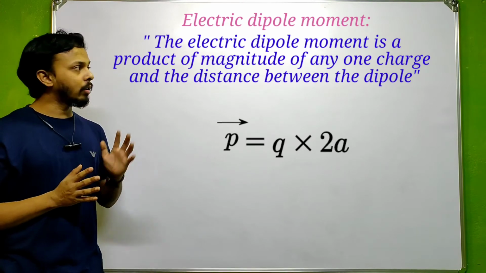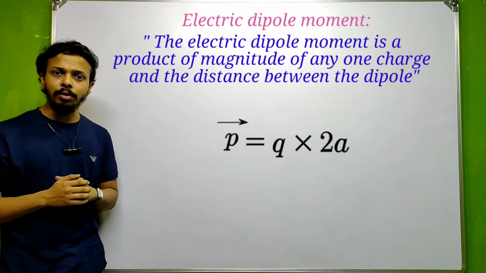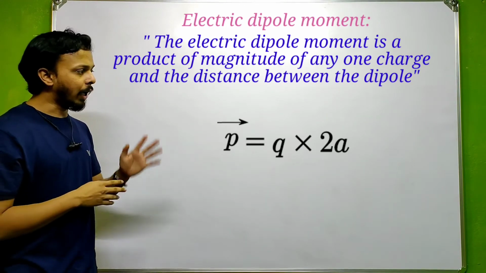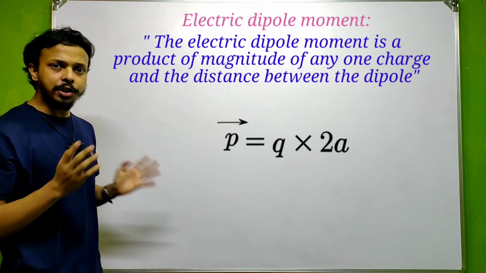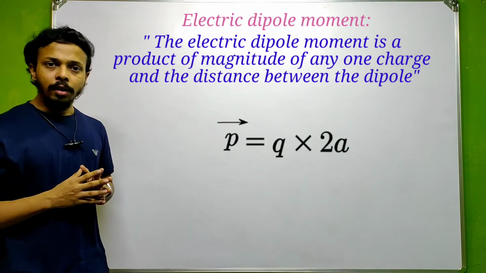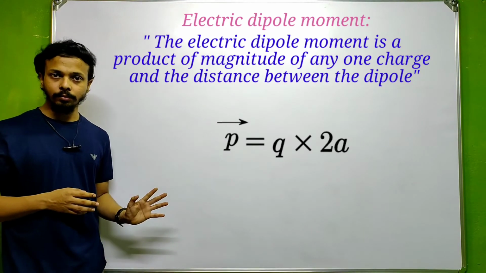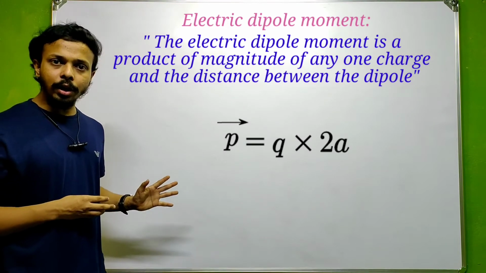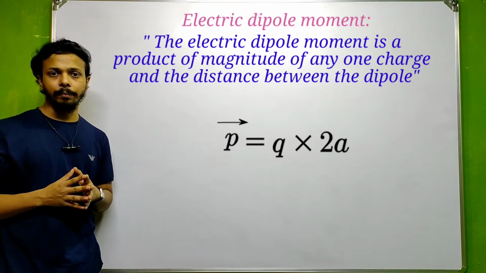According to the definition of an electric dipole, both charges have the same magnitude, so just take the magnitude of any one charge, q, into the distance between the charges, 2a. This forms the electric dipole moment. P is equal to q into 2a. In vector form, P vector is equal to q times 2a vector.